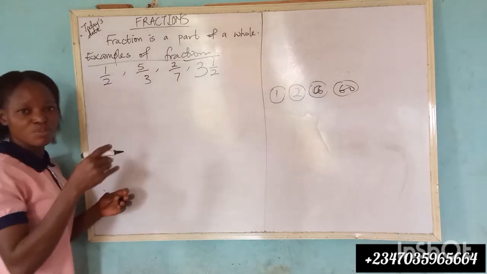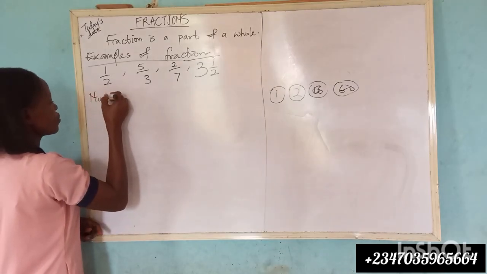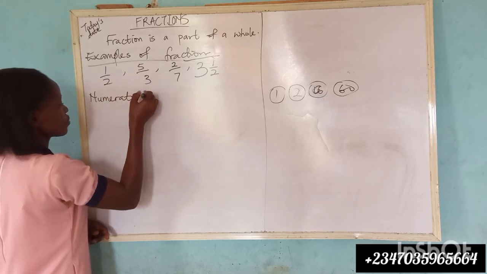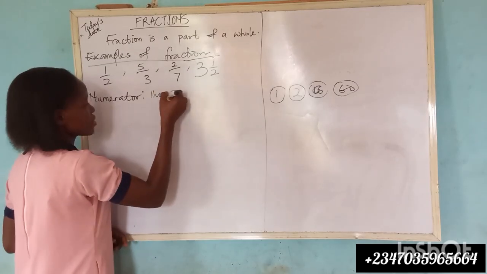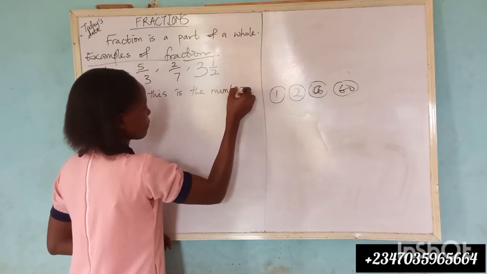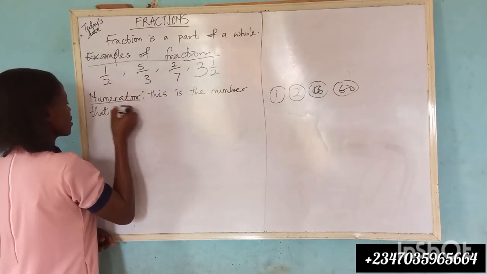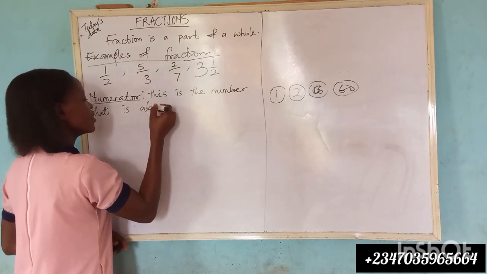Let me give us some terms that we use in fractions. We used to say numerator. This is the number that is above the line.